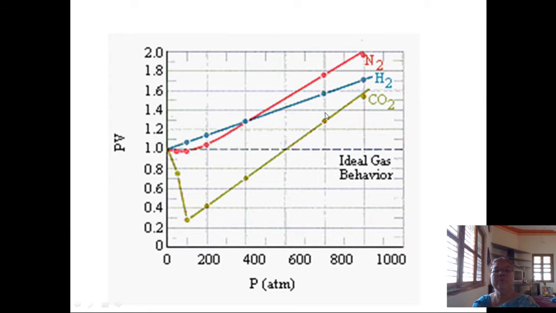And in case of real gases, CO2, H2, N2, instead of getting this straight line, we get curved lines. And in case of real gases, the PV values first decrease, reach to the minimum and then increase. This is the deviation of real gases from Boyle's law in case of CO2, H2 and N2 gas.